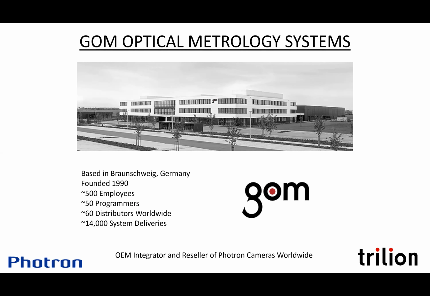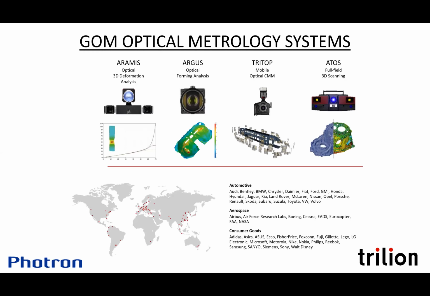They also are an OEM integrator and reseller of the Photron cameras worldwide. So overall, basically, we use a lot of Photron cameras to do high-speed measurements. GOM has a wider range of metrology products. We're going to focus today on what we call Aramis, which does the displacement and strain measurements. And it's, again, used worldwide in pretty much every industry.